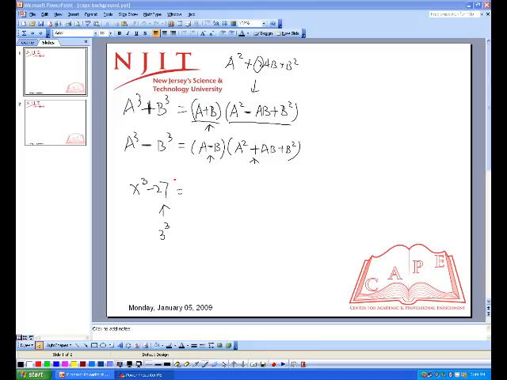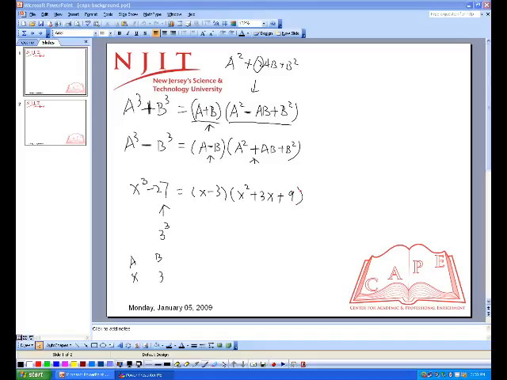So that means in here a is equal to x and b is 3. So this will be equal to x minus 3, I'm just applying the formula here, times a squared, which is x squared, plus a times b, 3x, plus b squared, which is 3 squared, which is 9.